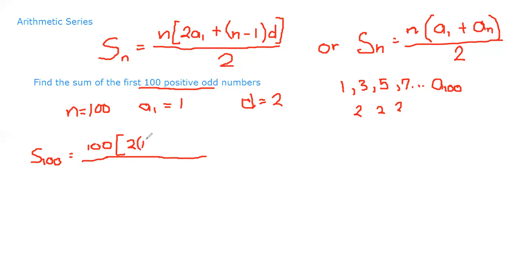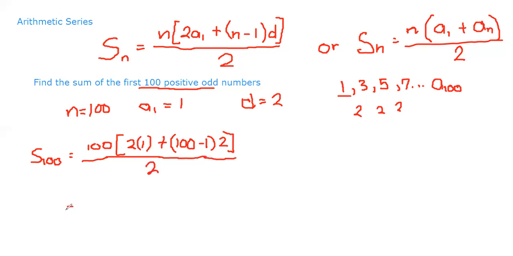So, 1 ang first term natin kasi odd numbers, first 100 odd numbers. Then, plus, n natin 100, minus 1. Then, ang common difference natin, that is 2. Then, close natin sa bracket, over 2.